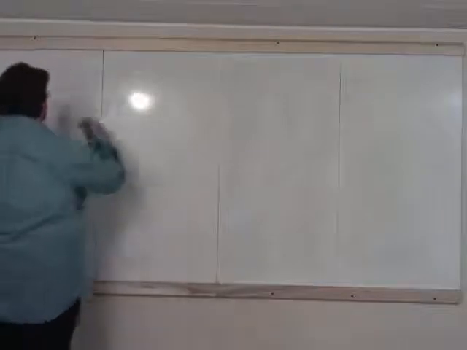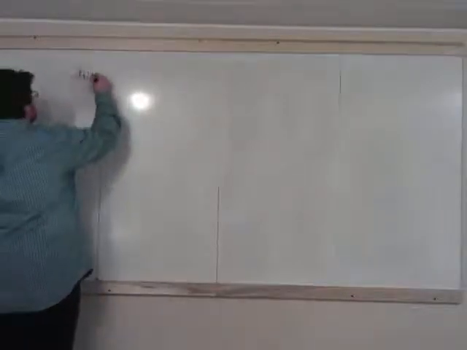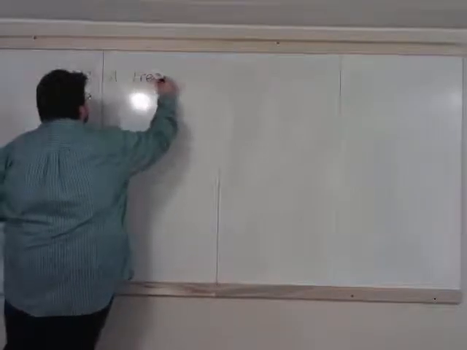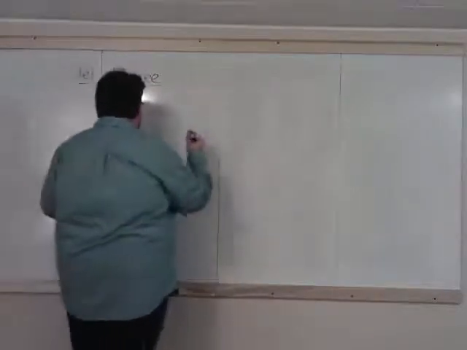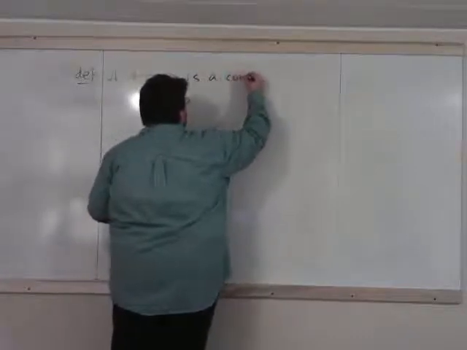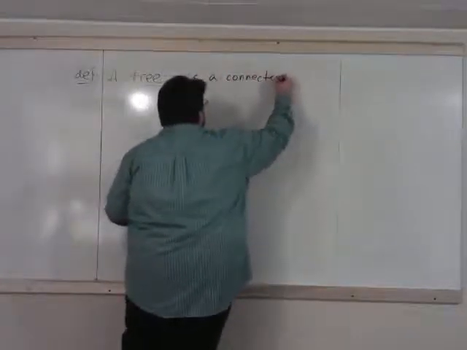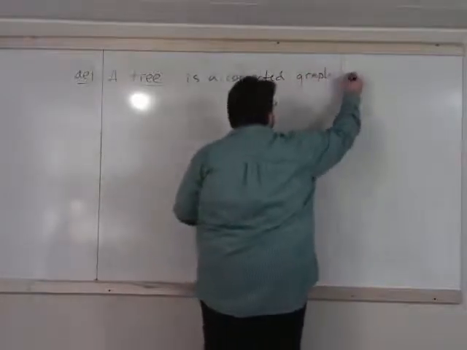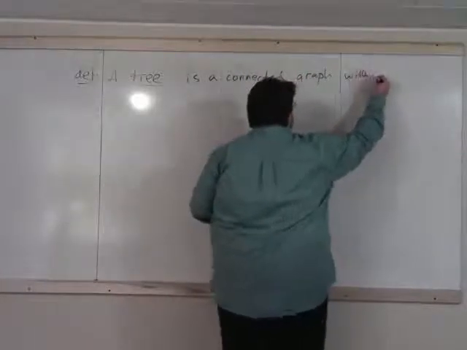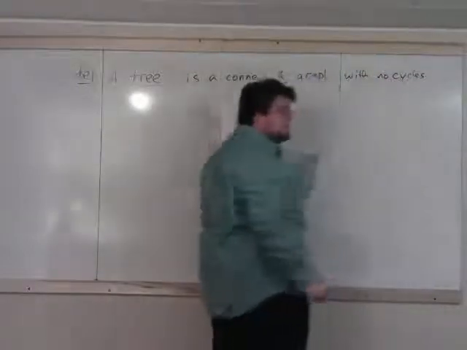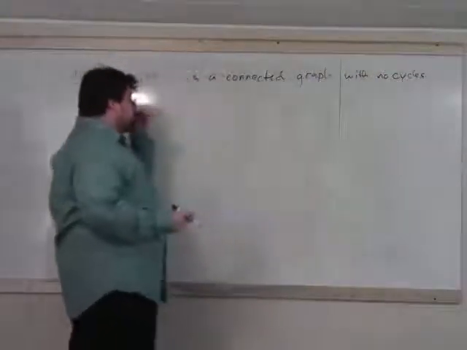First, we need a couple definitions. A tree. A tree is just a connected graph with no cycles. So it's an acyclic connected graph.